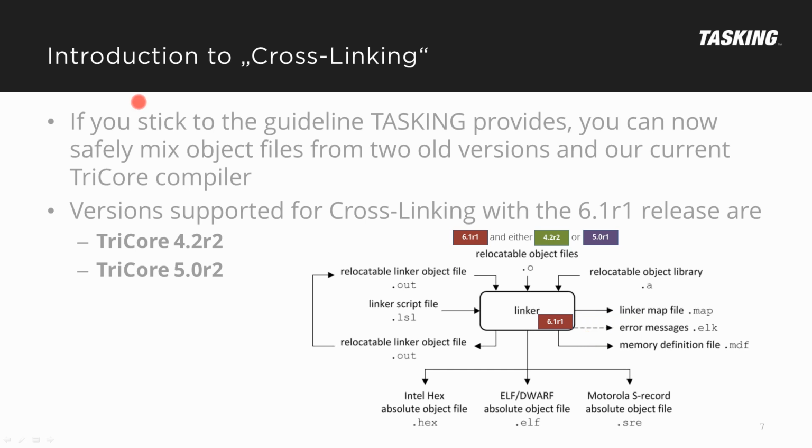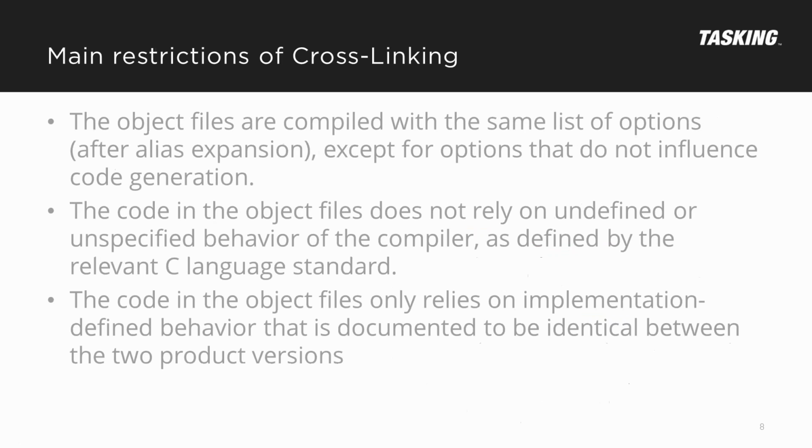So of course you will ask, what are the guidelines we specify, or what are the restrictions of it? And I put together some main restrictions of cross-linking. One restriction is that the object files are compiled with the same list of options after alias expansion, except for options that do not influence code generation.